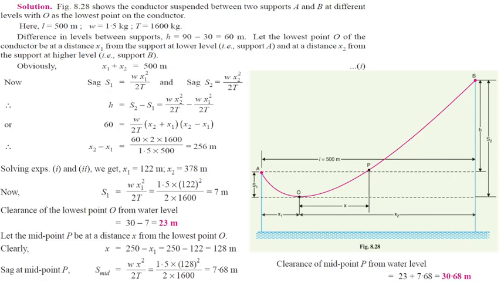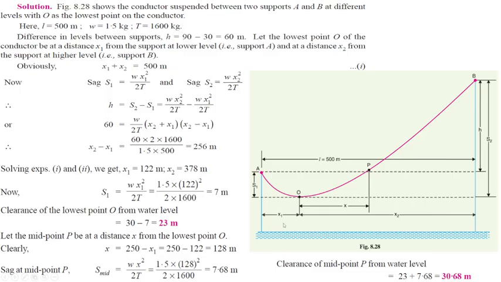Clearance of the lowest point. Here, this is 30 meters from here to here. So S1 from this point to here is 7 meters. So 30 meters minus 7 meters is equal to 23 meters.